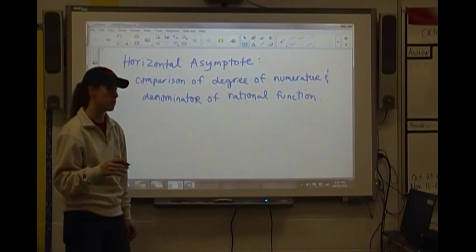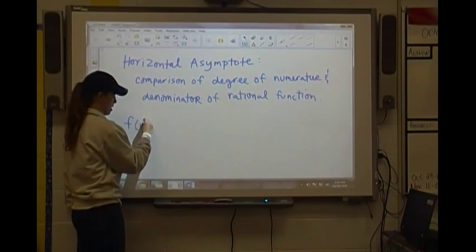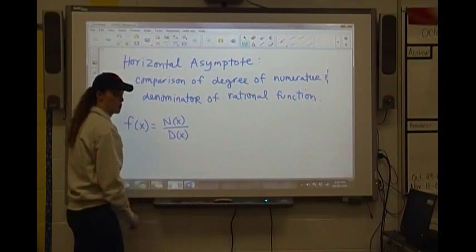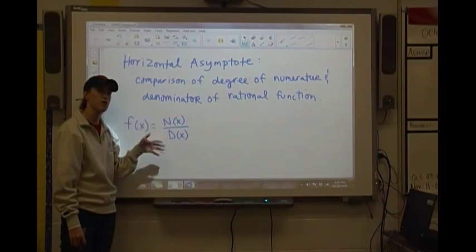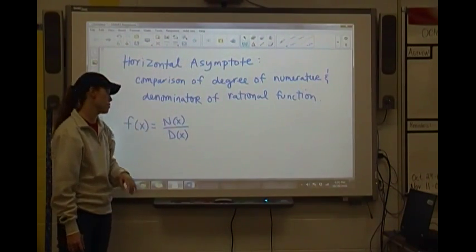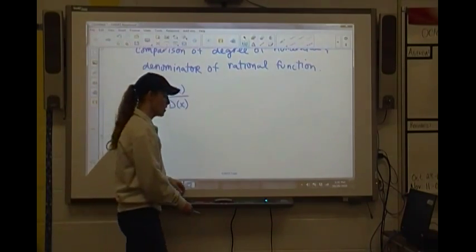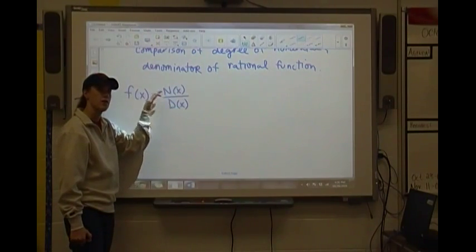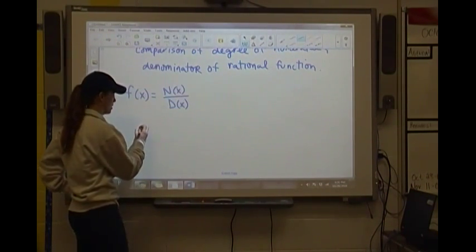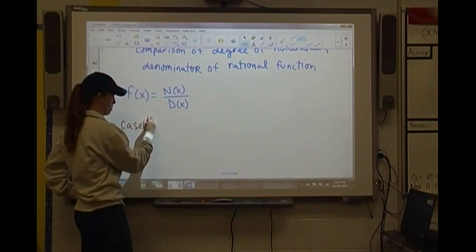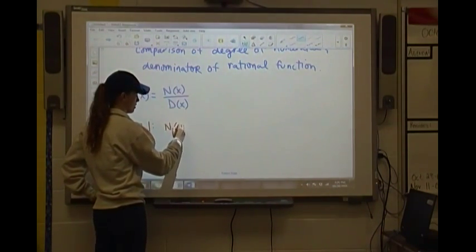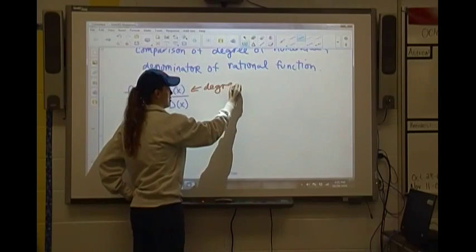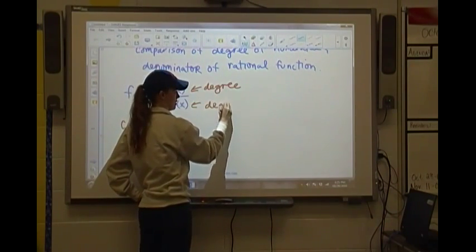Let's think of any function as having a numerator that we'll call n of x and a denominator that we'll call d of x. The first scenario is that the denominator has a bigger degree than the numerator. So in case 1, we're talking about the degree, not necessarily the function itself.